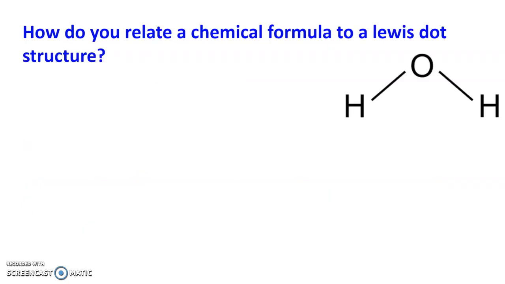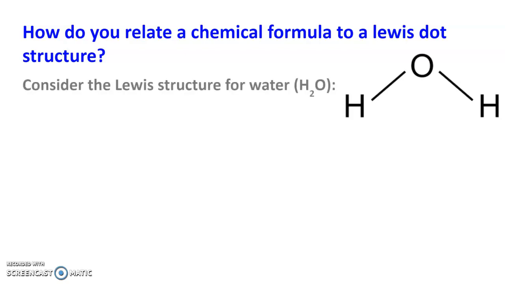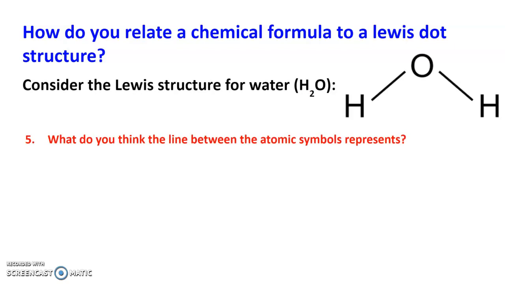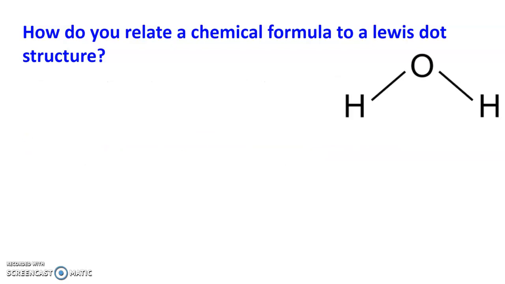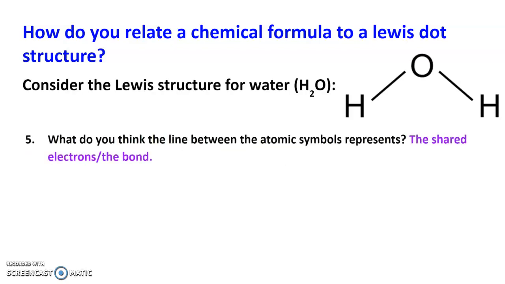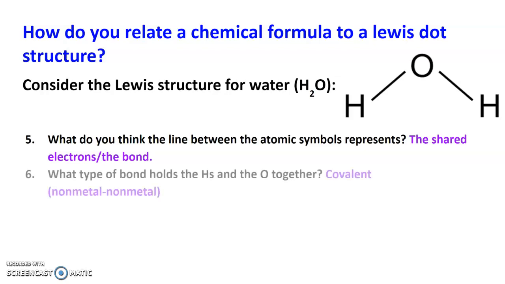So now we want to relate the chemical formula to the Lewis dot structure. So here's the Lewis structure for water. What do you think the line between the atomic symbols might represent? And what type of bond holds the H's and the O together? So the line on here represents the shared electrons, or the bond, between the oxygen and hydrogen.